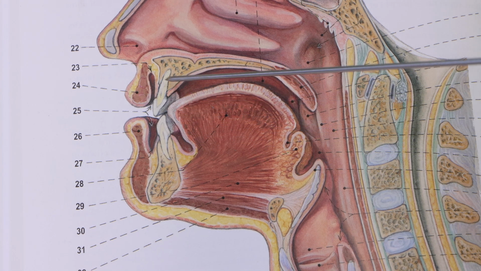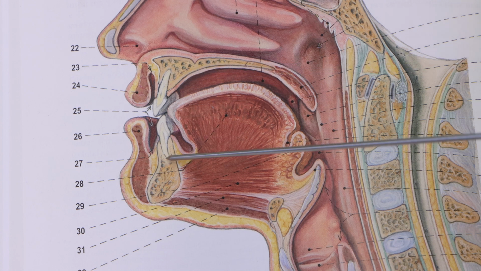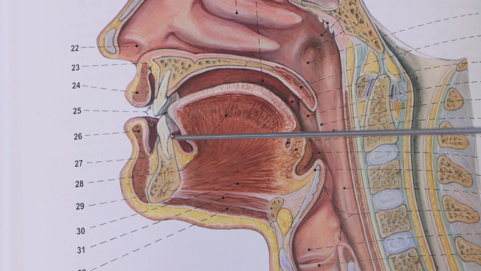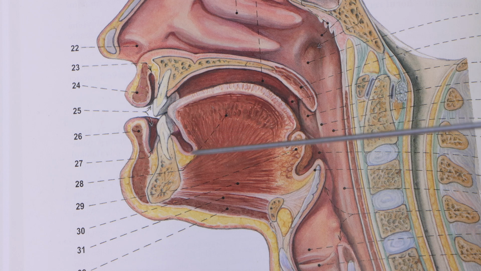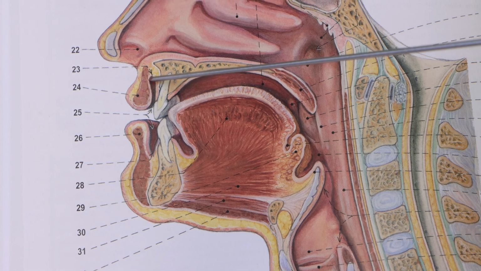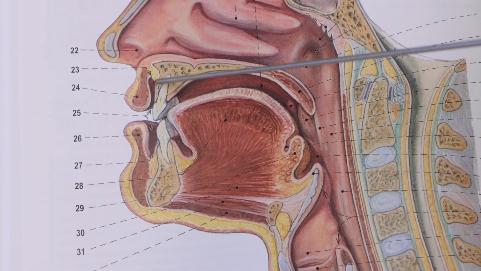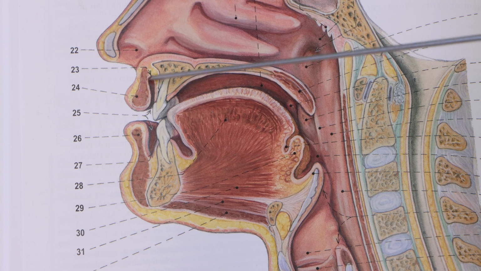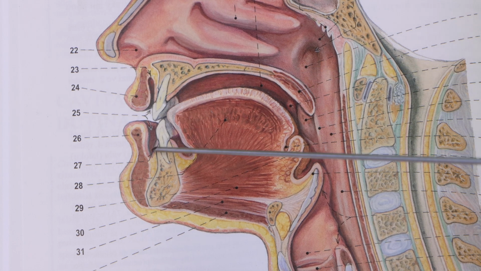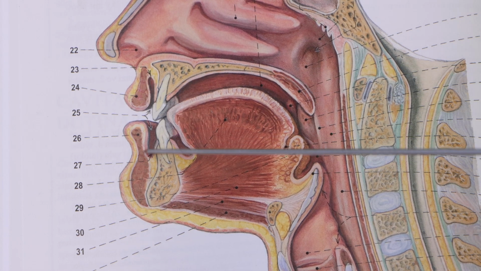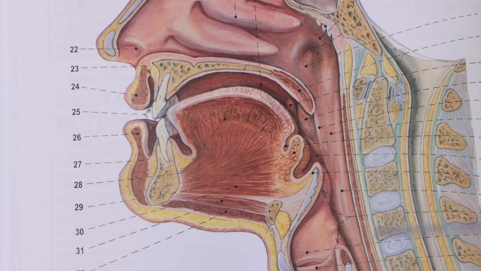Posteriorly it is bordered by the alveolar process of the maxilla and the alveolar process of the mandible with the teeth, the dental arch. Laterally it is bordered by the cheek or buccal region. Superiorly, in the anterior region, the oral vestibule ends with the superior vestibular fornix, and inferiorly with the inferior vestibular fornix.